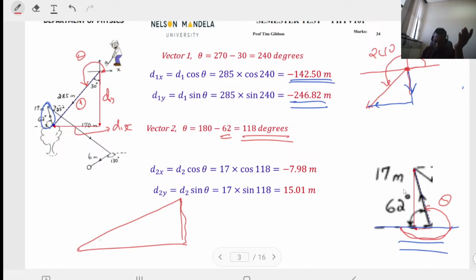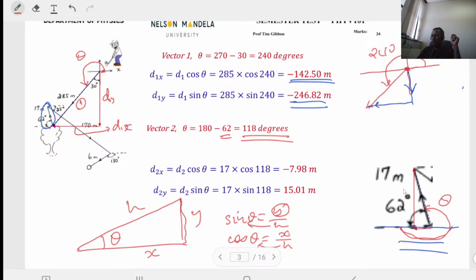If this angle is theta, this one is y, and this one is x. Remember, sine theta is opposite, which is y, over the hypotenuse h. And the cosine of theta is the adjacent, which is x, over the hypotenuse h. Therefore, the y component is mostly defined with sine, and the x component is mostly defined by cosine. That's where it is coming from.